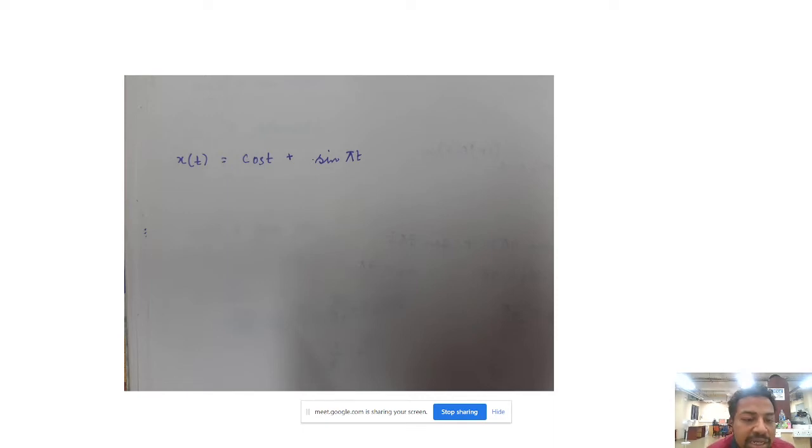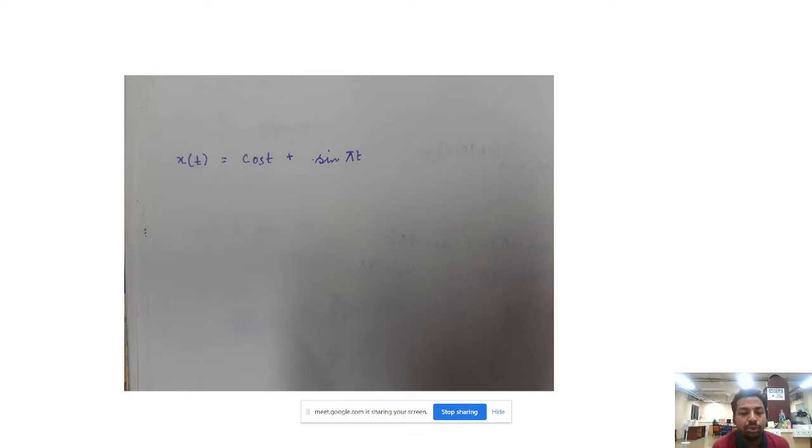If we compare this cos t equation with cos of omega t, the fundamental equation, we have omega 1 is equal to 1 here for cos t, and the time period will be equal to 2 pi by omega, that is 2 pi. Similarly, for sin pi t, we have time period T2 equal to 2 pi by omega, and omega is pi for the signal sin pi t.